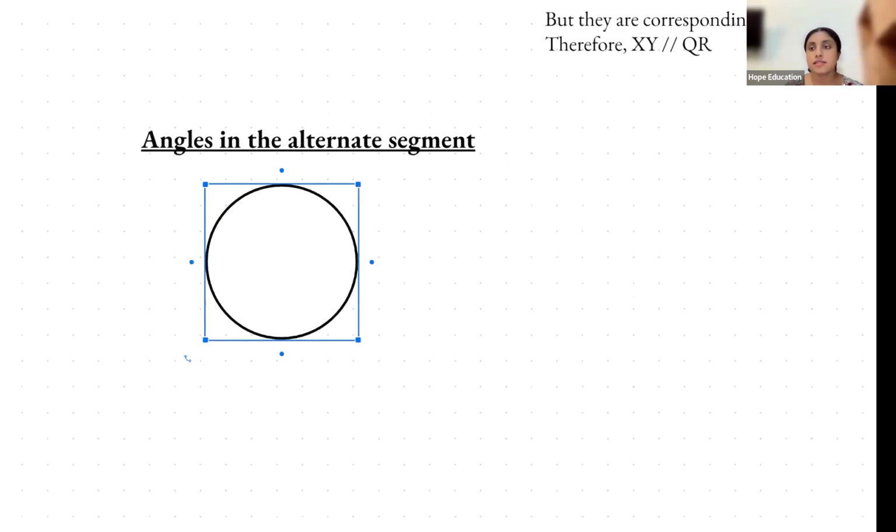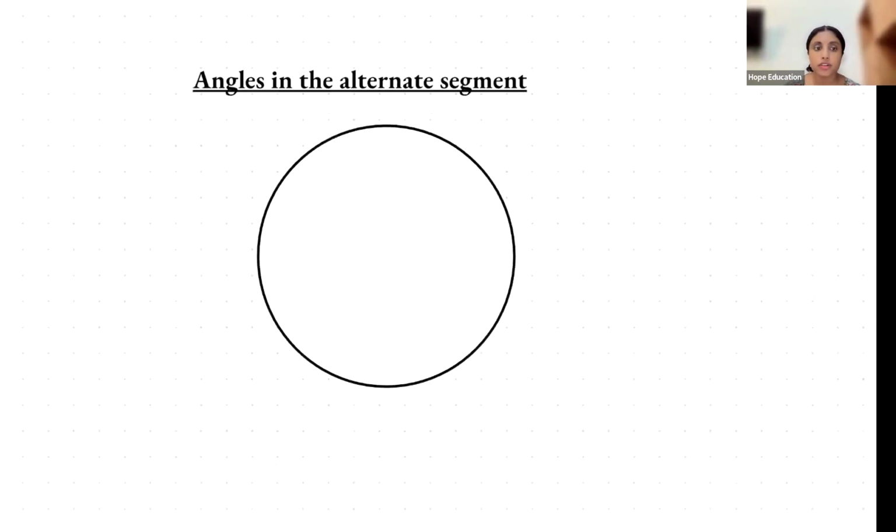So here this is a circle, right? And I'm going to draw a chord like this. With a chord, a circle will be broken down into two parts. A circle will be divided into two parts using a chord.